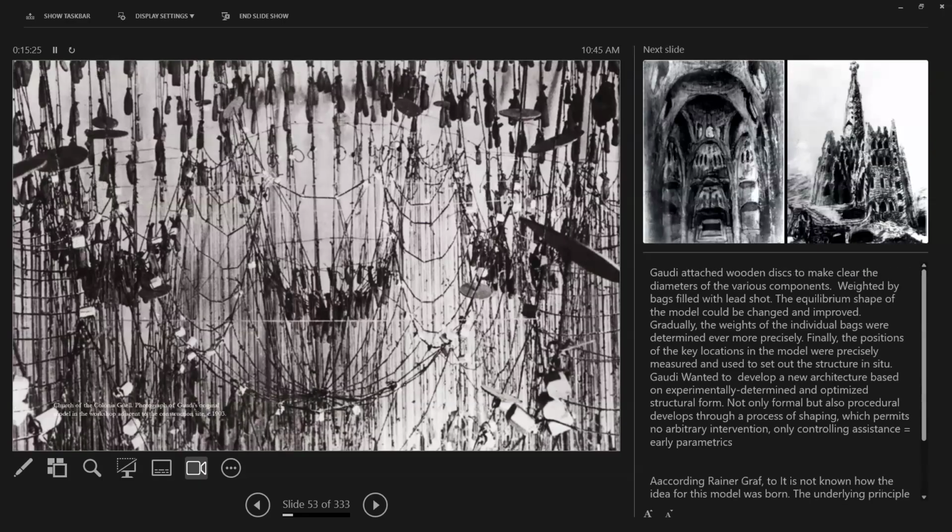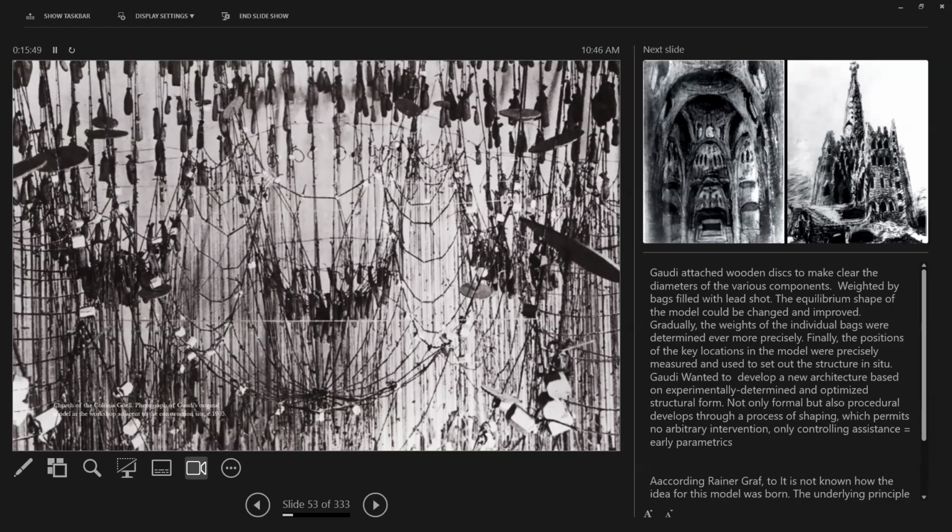According to Rainer Graf, who writes a lot about this and studied them, nobody really knows where he got this idea. He thought he was the first person to do it, and it's not clear where he got the idea to do it at such a fundamentally large scale. But basically, he would move these weights around and use the weights to refine the form. And over time, the form would take on its shape, and the weights would be refined.